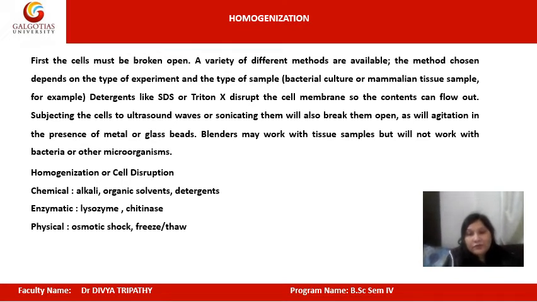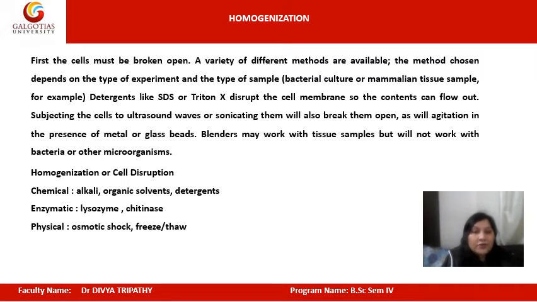A blender can also be used for such purpose with a tissue sample, but this blender cannot be used with bacteria or other microorganisms. Otherwise, the blender will break down the RNA or DNA of these bacteria or microorganisms. So, the blender should be avoided if we are working on bacterial cells or other microorganisms.